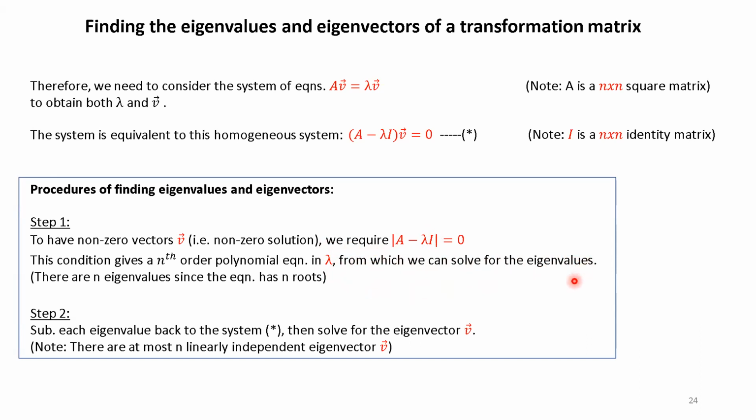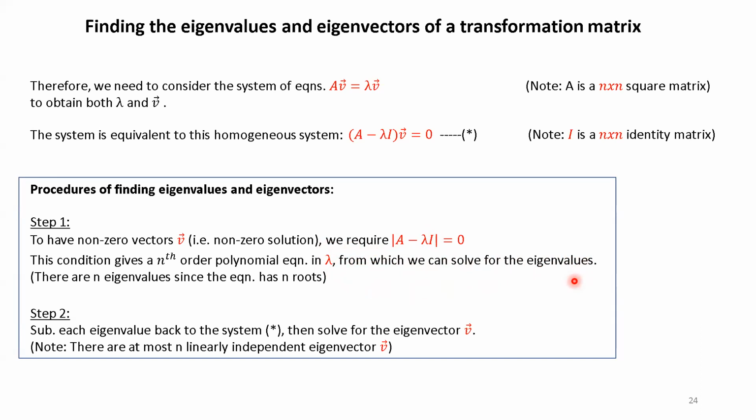With that polynomial in lambda, you need to find its roots to obtain the different values of lambda. These roots are really the eigenvalues.